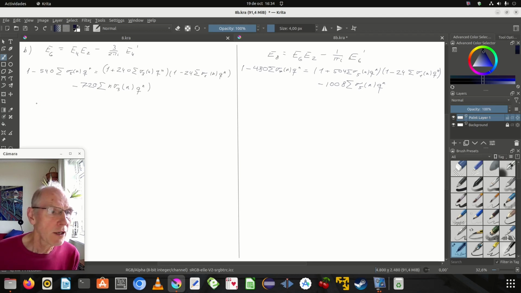So we expand. Let's put this on the other side, so everything equals zero. Oh, let's keep it, because we need to isolate sigma 5 anyway.